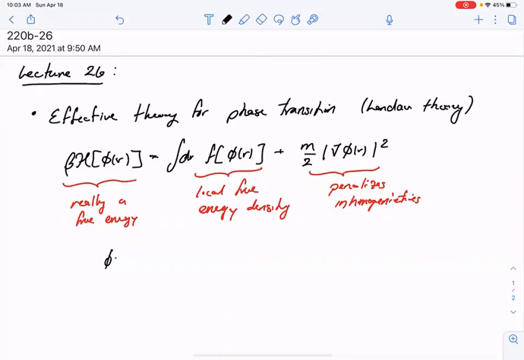So we keep talking about order parameters. That's what phi is playing the role of. Its job is to encode the distinguishing features between the phases we're interested in.